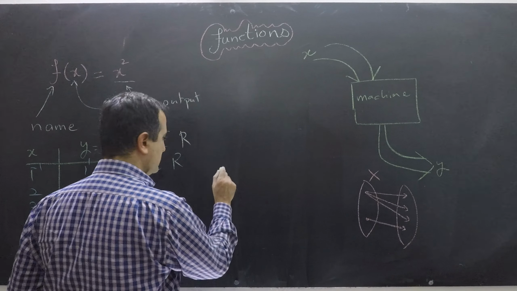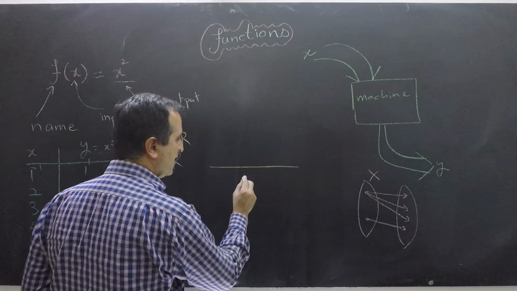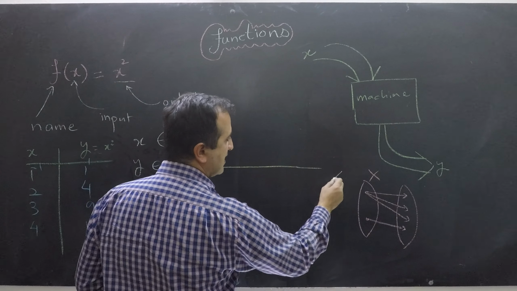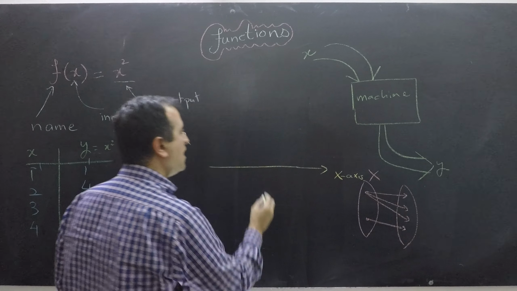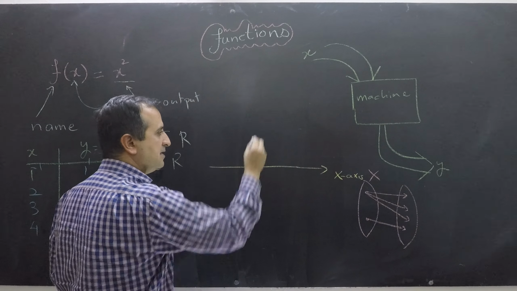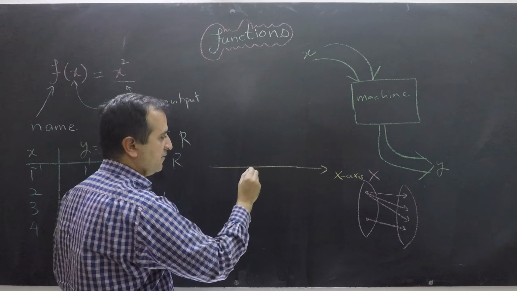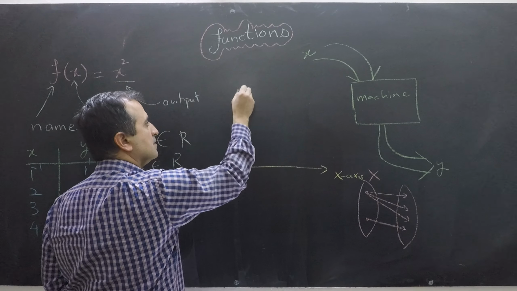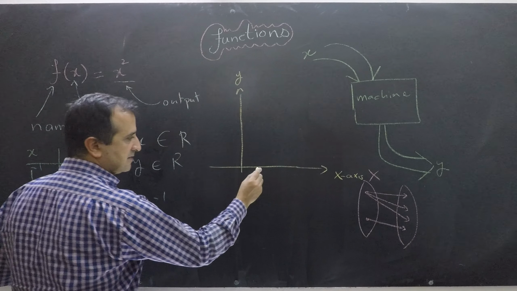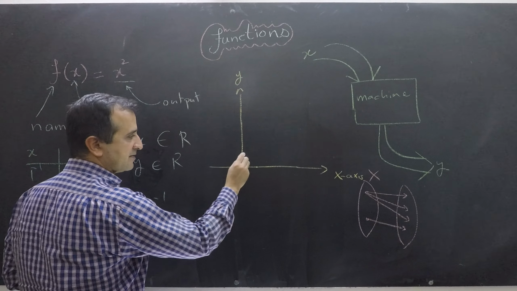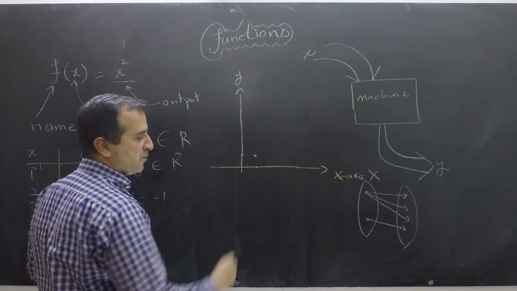For example, for this data, we can make a graph by putting our x values on the x-axis and our corresponding outputs on the y-axis, and then making a graph. For example, if my x was 1, then my y was also 1, so this point will be here.